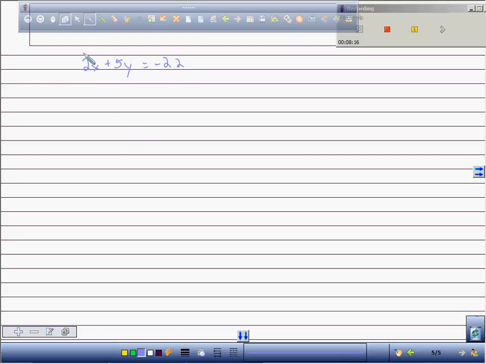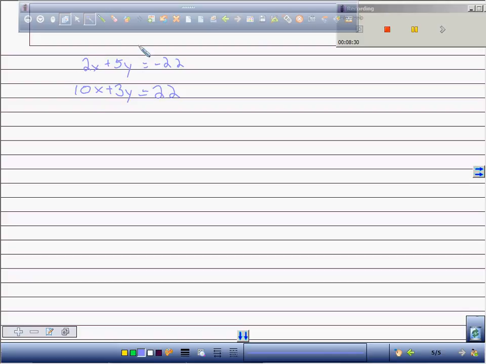And then I have another one, 10x plus 3y equals positive 22. Does anyone have any idea what to do with these?